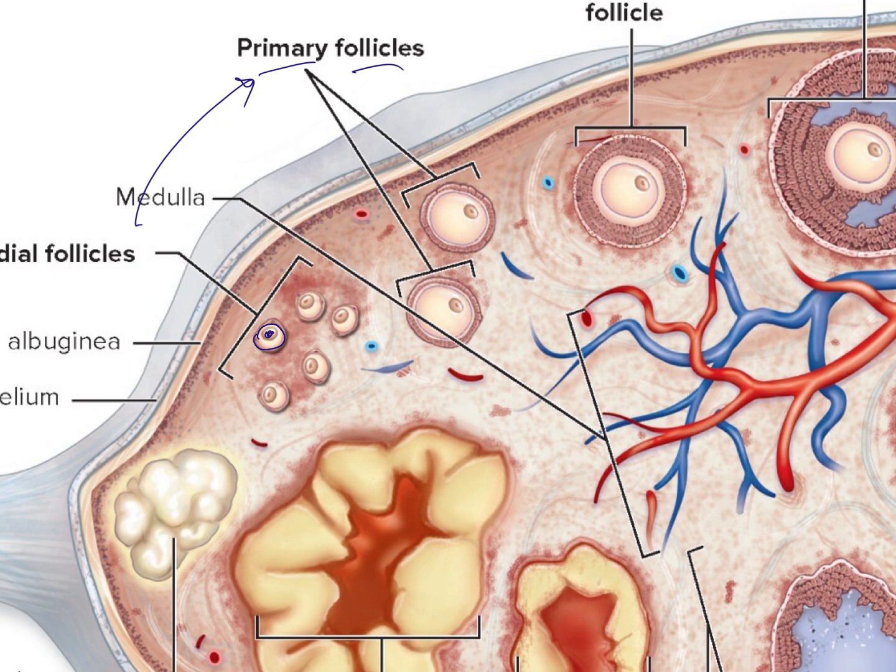You'll notice that the primary follicle is larger than primordial follicles, and there's a layer of cells that surround the oocyte. That one layer of cells is what defines a primary follicle. Before that, you didn't have a layer of cells surrounding the primordial follicles, and they were small.